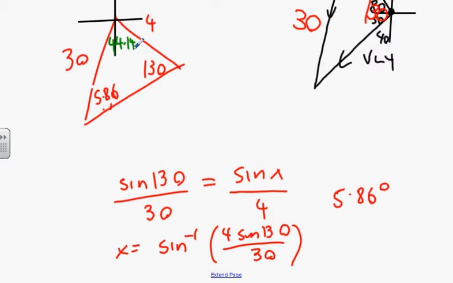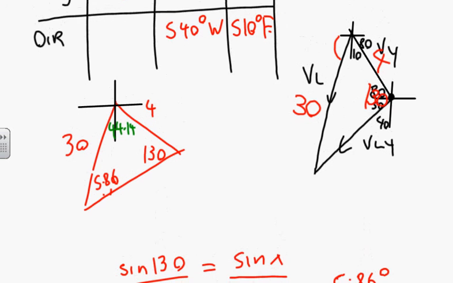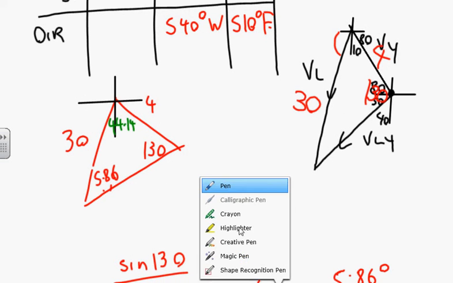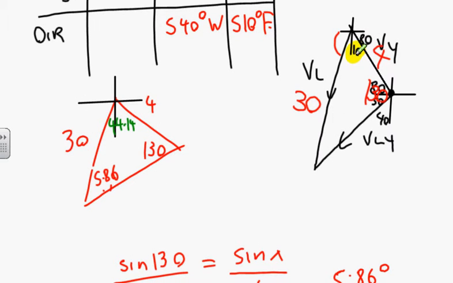Remember we said earlier that this part here was 10 degrees, wasn't it? The part directly to the left was 80. So that makes that part 80, and that makes that 44.14. Add them together and take them away from 180. And what do you get?